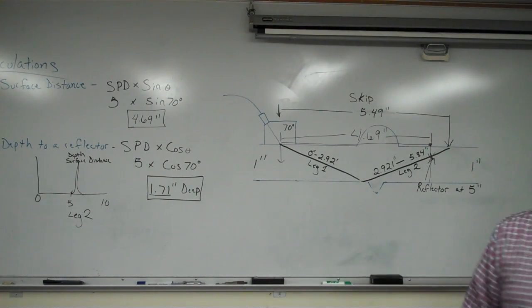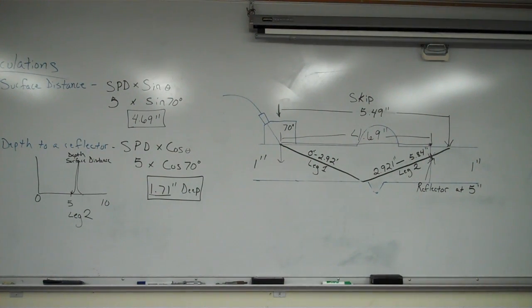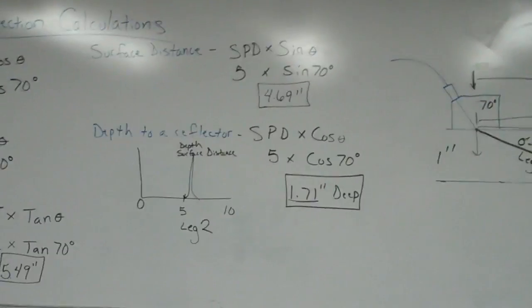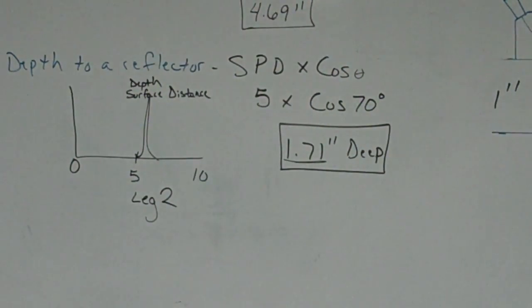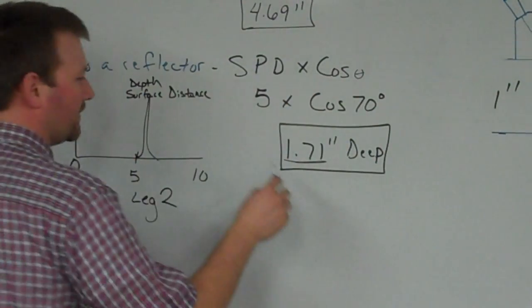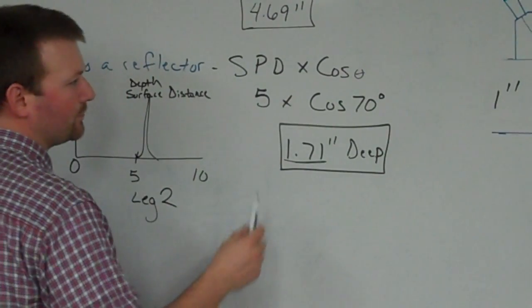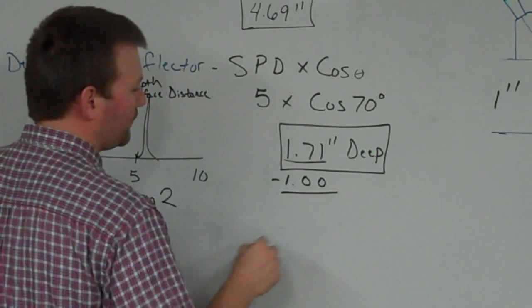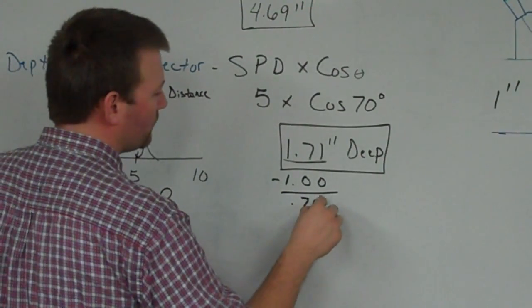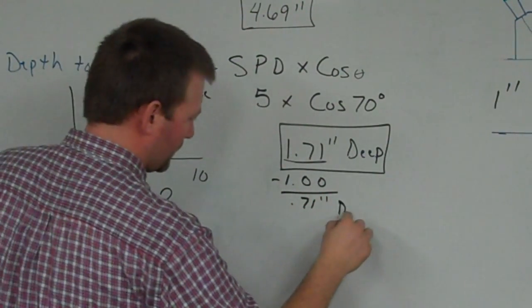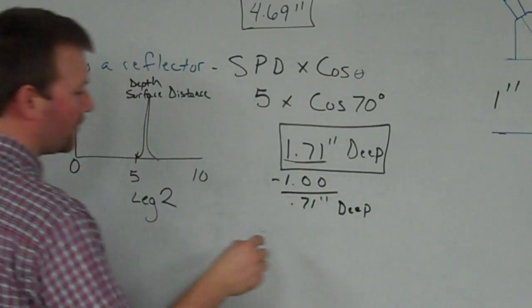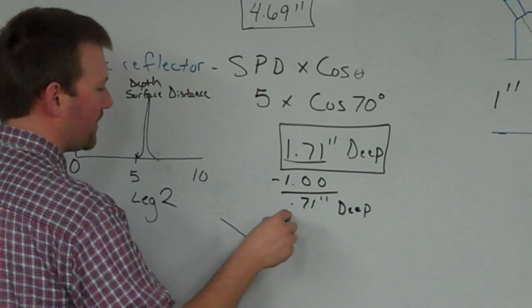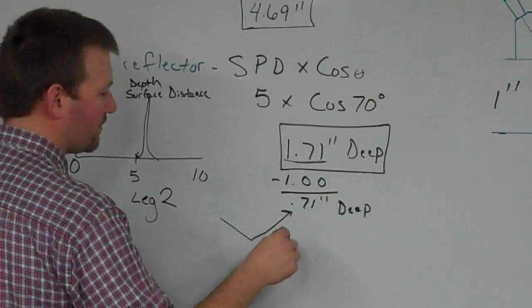So we come back over here to our 1.71 inches deep, and we say, alright, the depth of the reflector is 1.71, but our plate's only 1 inch. So we subtract out a plate thickness, and that tells us it's 0.71 inches deep. But remember, the sound bounced and is coming back up, so all that information is coming from the bottom up.